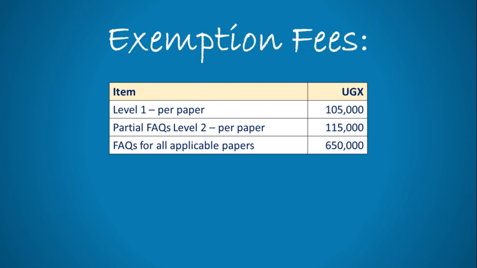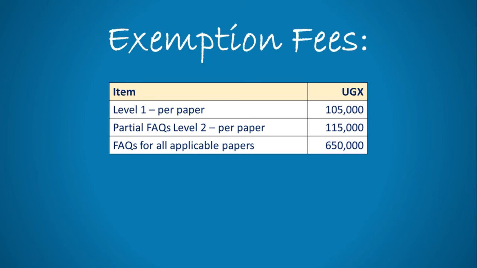Then, of course, if you're exempted, then the exemption fees are going to be applicable as per the fees or the quotation on your screens. Level 1 per paper is 105, depending on the number of papers that you are exempted. Of course, exemptions depend on the qualification you have right now as you're enrolling for this course. So those of you who have done maybe accounting, some qualifications related to accounting, you may qualify for some exemptions.